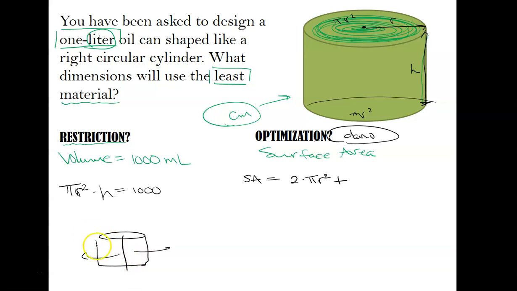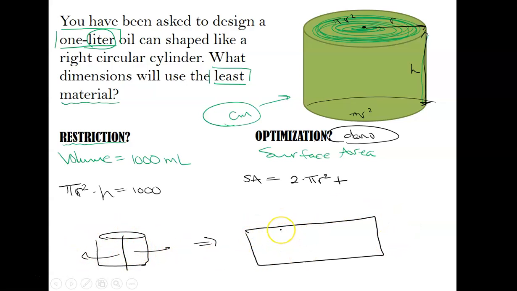If you slice it and unfold it, what you get is a rectangle. Because if you think about it, you could take a rectangular piece of paper or a rectangular piece of tin or whatever you have, and if you kind of curl it, you can create a cylinder, right? We do this all the time. We take a piece of paper and we roll it up in our hands and hold it. We're taking a rectangle and turning it into a cylinder. Now we want to do it with no overlap, of course, right?